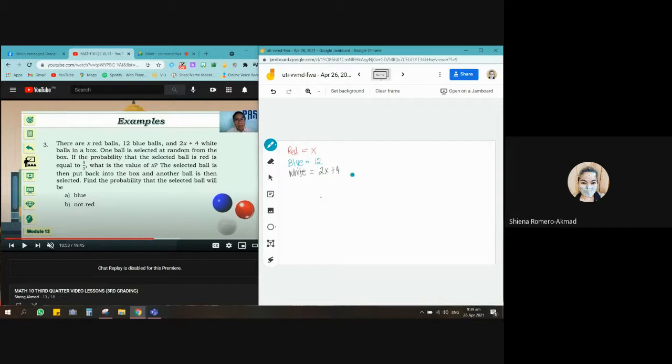So, para makuha natin yon, we have 12 over, add natin to lahat. X is equal to 8, gawin na natin 8 para diretso na. We have 8 plus 12 plus 2 times 8 plus 4. That is 12 over. Ilan po lahat? 8 plus 12 plus 2 times 8 plus 4.